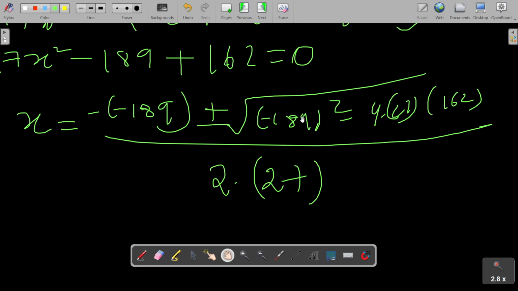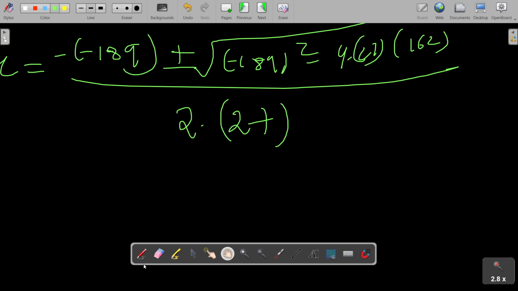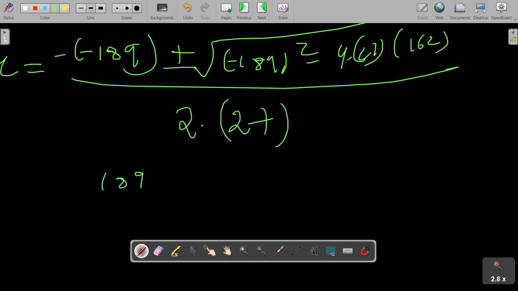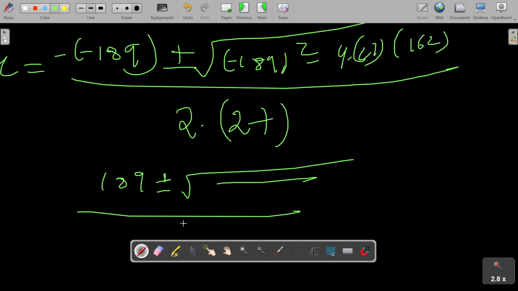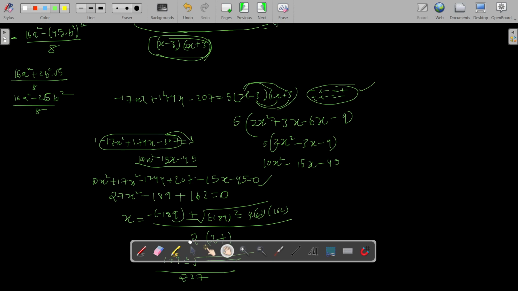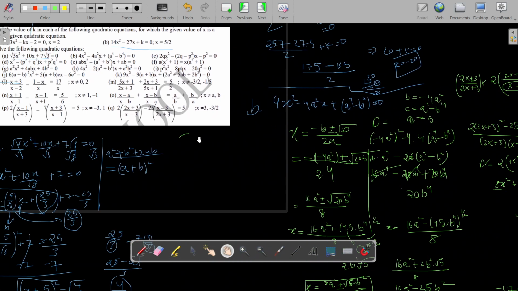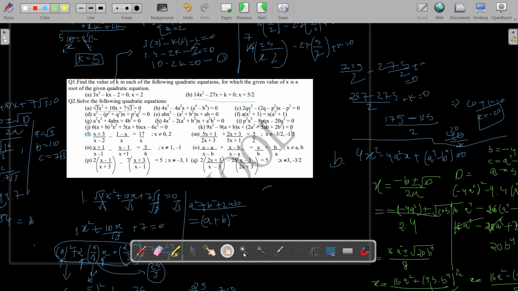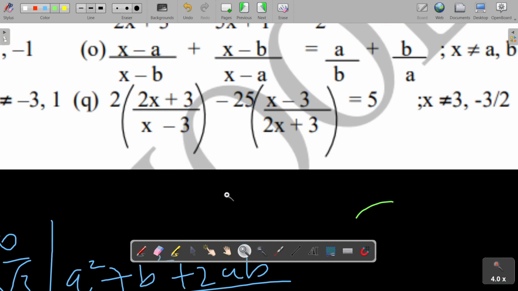We have to find 189 squared minus this thing, simplified. And this becomes 189 plus minus root of this thing over 2 into 27. By this, we can solve this particular equation. I'm not going to do that, very lengthy. So yeah, this is also done.